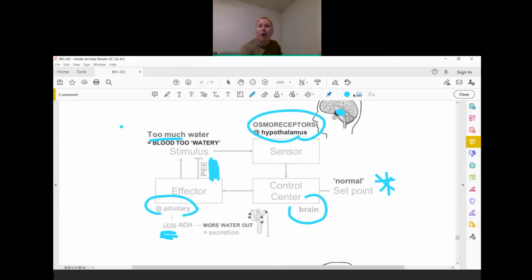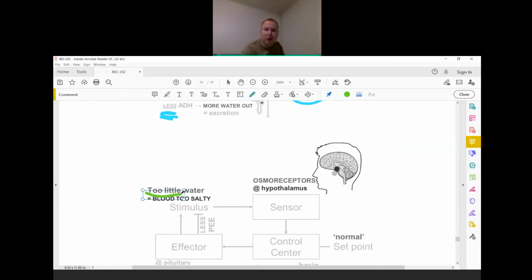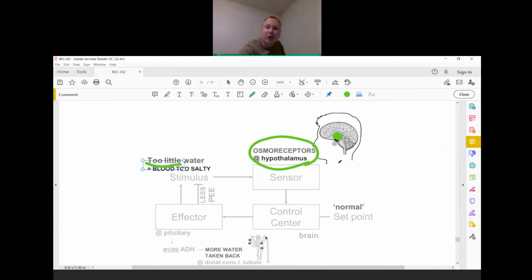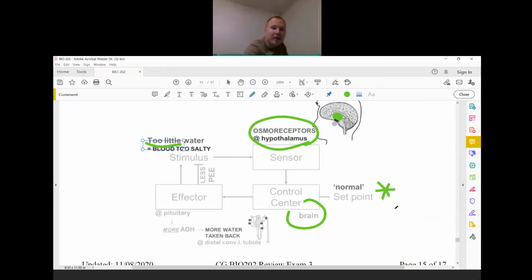Let's have a look at the opposite situation where we actually have too little water. So you could say that our water is too salty. Again, it's the osmoreceptors within the hypothalamus that sense that. Information is processed in other parts of the brain where it's compared to the set point. What's the normal amount of water that should be there? If we notice that we do indeed have too little water, the pituitary starts to produce more ADH.